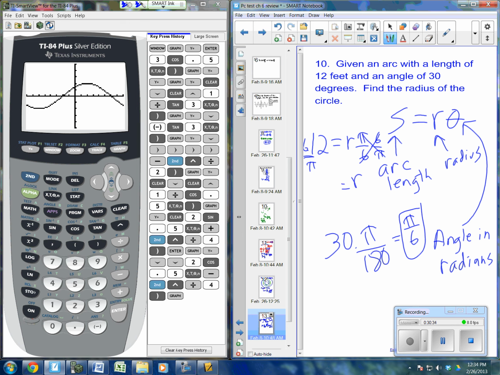Put that in your calculator. Okay, about 22.91 feet.